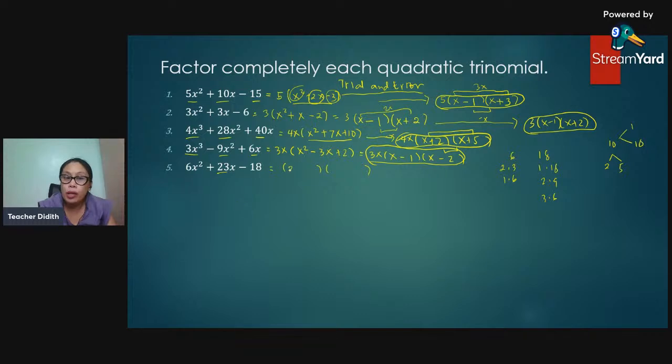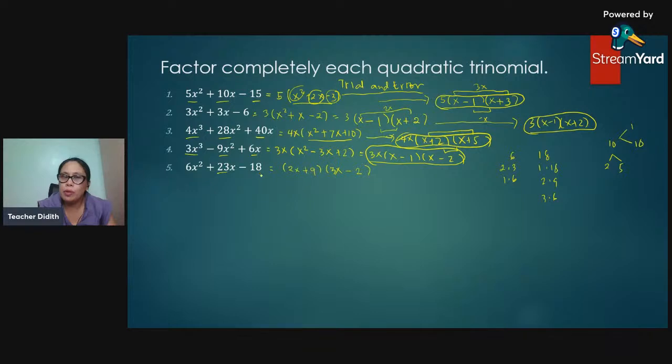So if we try 2x first and 3x, okay? So if we try 2x and 3x here, and then this is 23. So maybe we can consider 2 and 9. If we place 9 here, and then we place 2 here. Since the middle term is positive, if we consider positive here and then negative here, take note that this is negative 18.